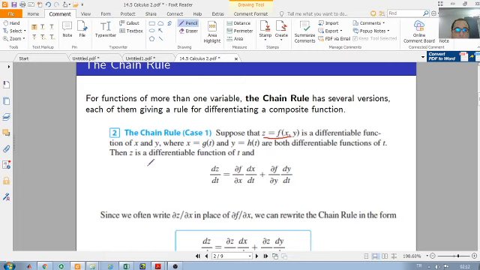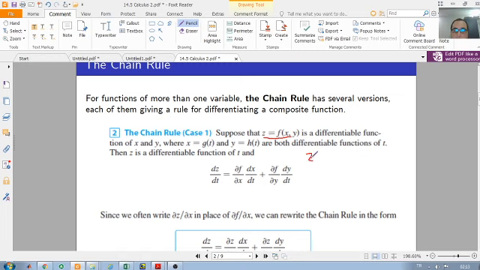Then z is a differentiable function of t, and we take the derivative of the function z with respect to t, because it is actually a function of t, even if it seems to be a function of two variables depending on x and y, since x and y are also differentiable functions of t. So we consider z actually a function of one variable, which is t, okay?